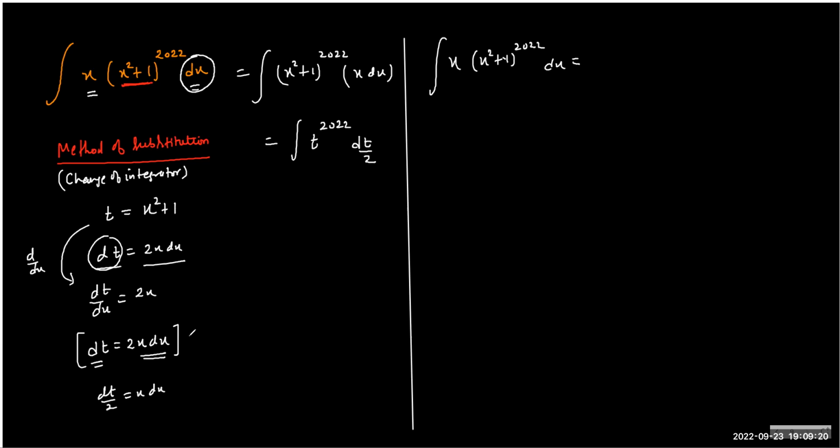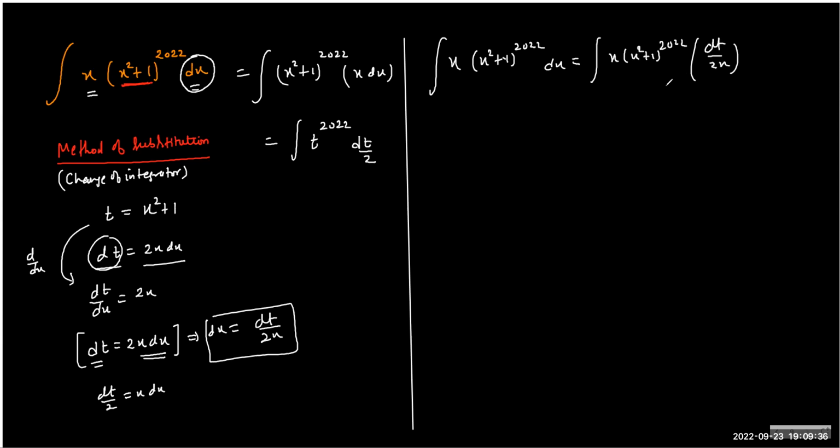So dx is how much? dt by 2x. So let's substitute the integrand with the new assumption x, and dx we can write as dt by 2x. And if you remember what we assumed this to be, t, so x will get cancelled out. So this is t power 2022.